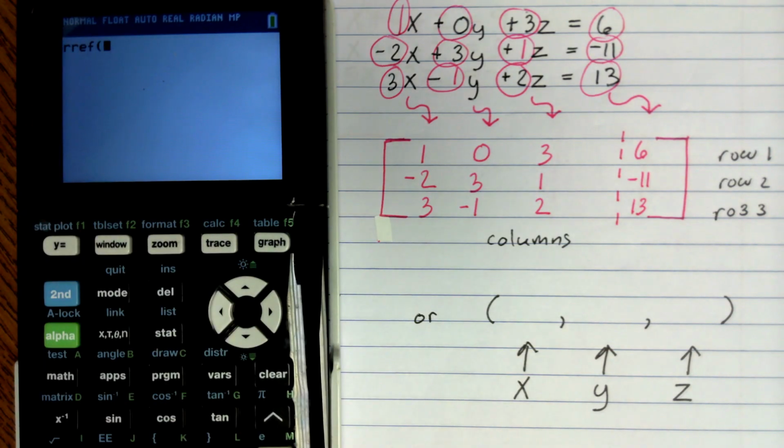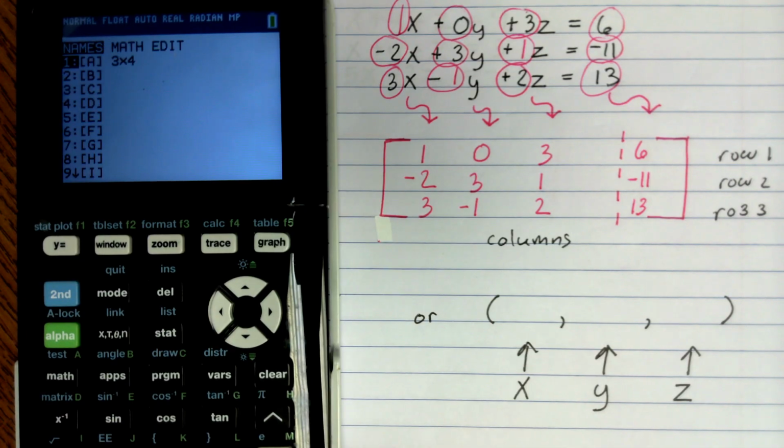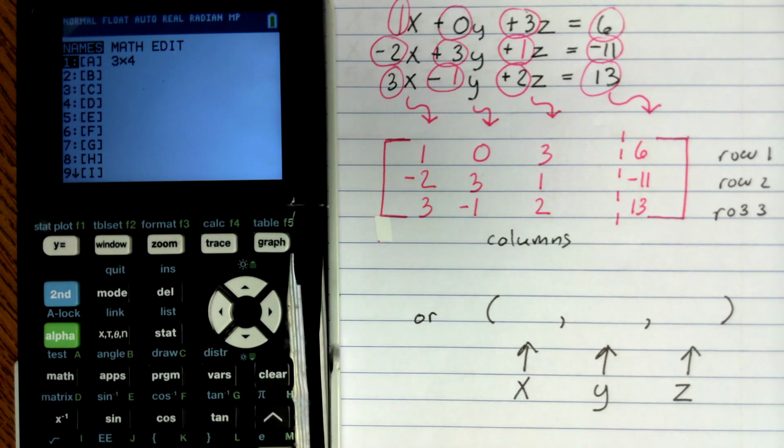So I want to hit second and matrix again. And it's already selected that first matrix where we have this 3x4 already set up with our values. So I'm going to hit enter to input it. Then I'm going to close parentheses, and hit enter.